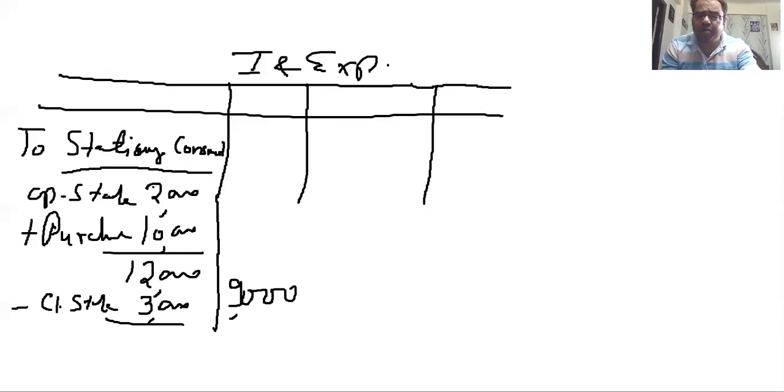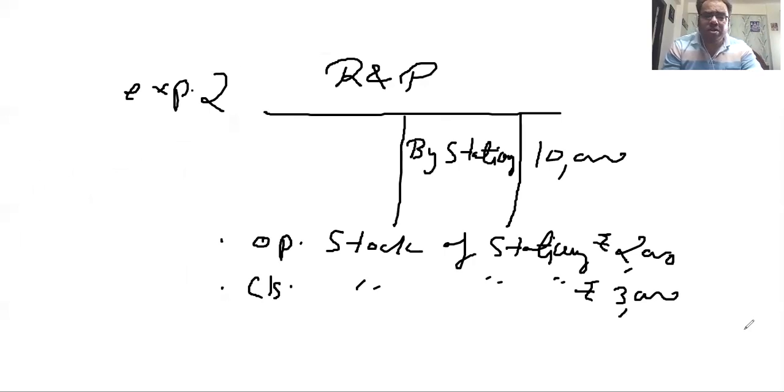And apart from that, the opening and closing stock is also maintained. So where to show this? This is also crucial. This opening stock of 2,000 is considered a consumable item and it is considered an asset under the opening balance sheet.